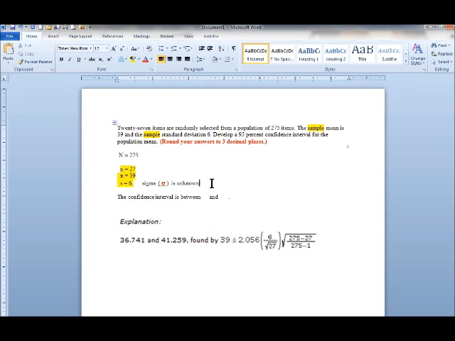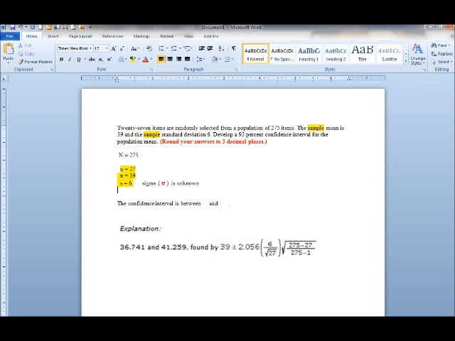Now they say they want us to develop a 95% confidence level. Well, what does that mean? What it means is that our sample mean is going to be dead center of the normal distribution, and half of that 95% is going to be to the left.